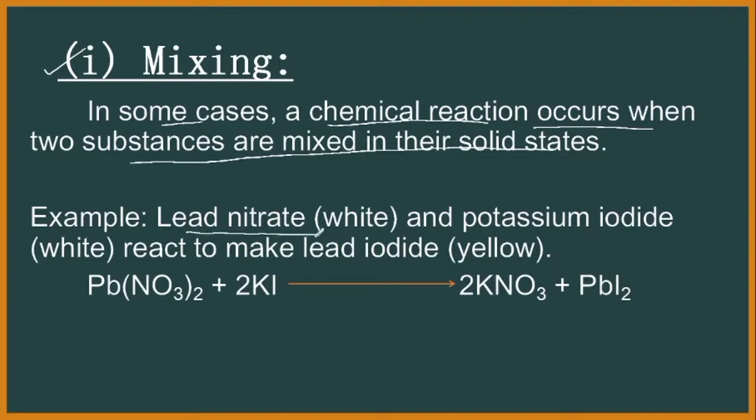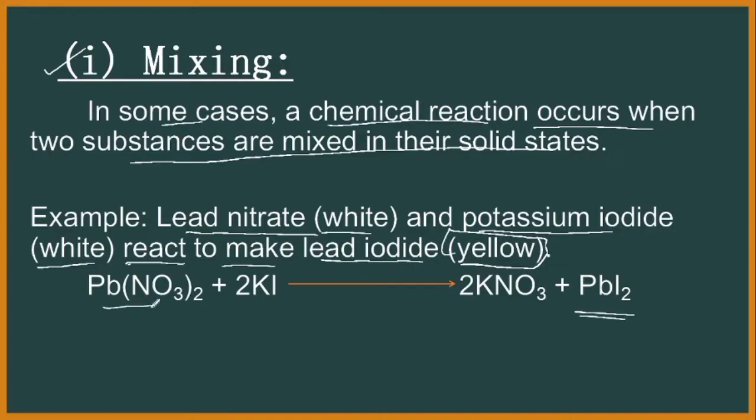Lead nitrate. What is the color of this lead nitrate? White. And potassium iodide. What is the color of this potassium iodide? It is white. When we mix these two, they react to make lead iodide, which is yellow in color.